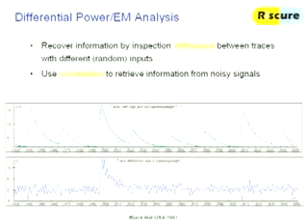It might, of course, also be noise, but then the trick is to just take more measurements with more random inputs to see which part of the information is actually related to the difference that you're measuring. And that's what's called differential power or EM analysis.